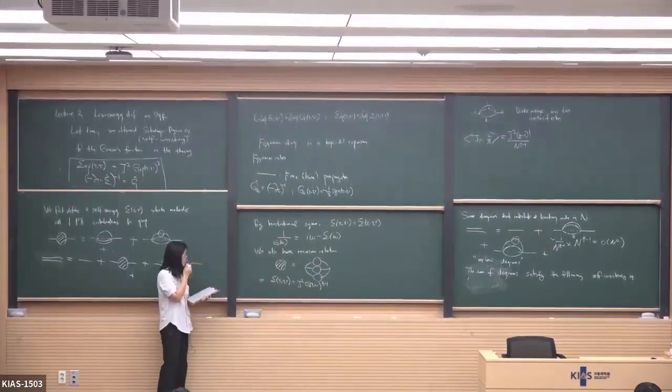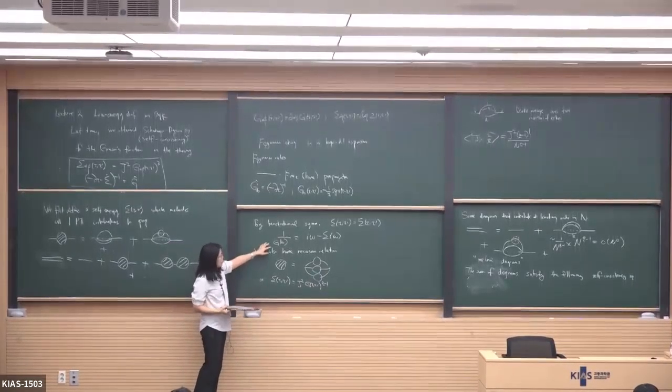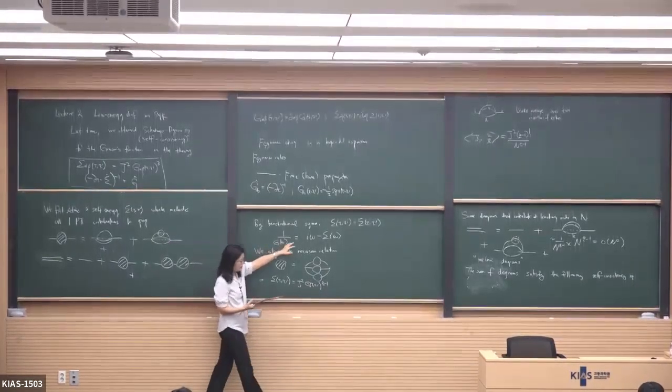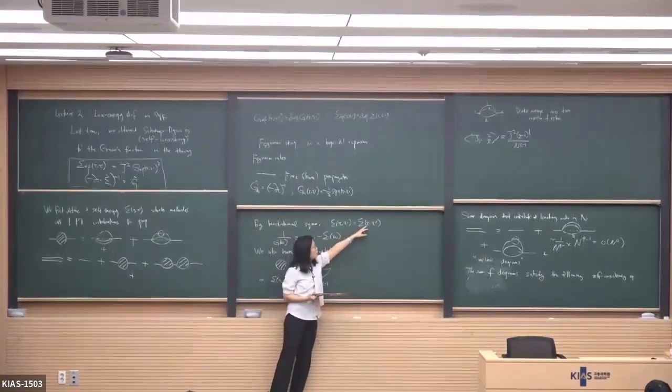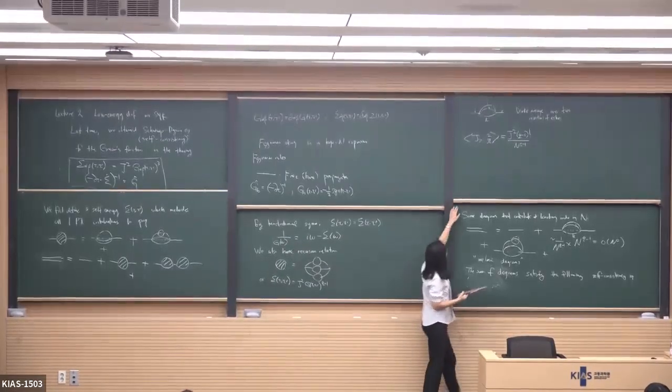Note that both G and sigma here are anti-symmetric functions of tau and tau prime.